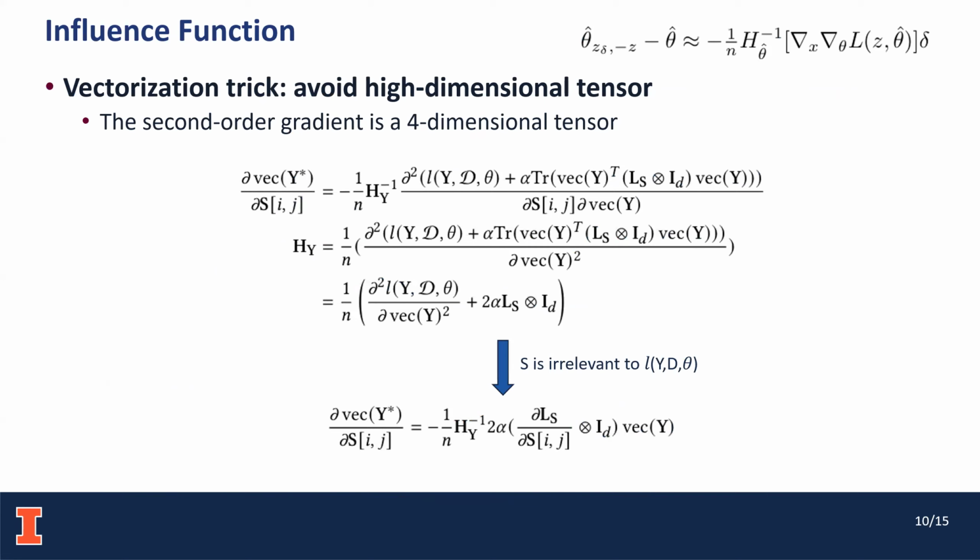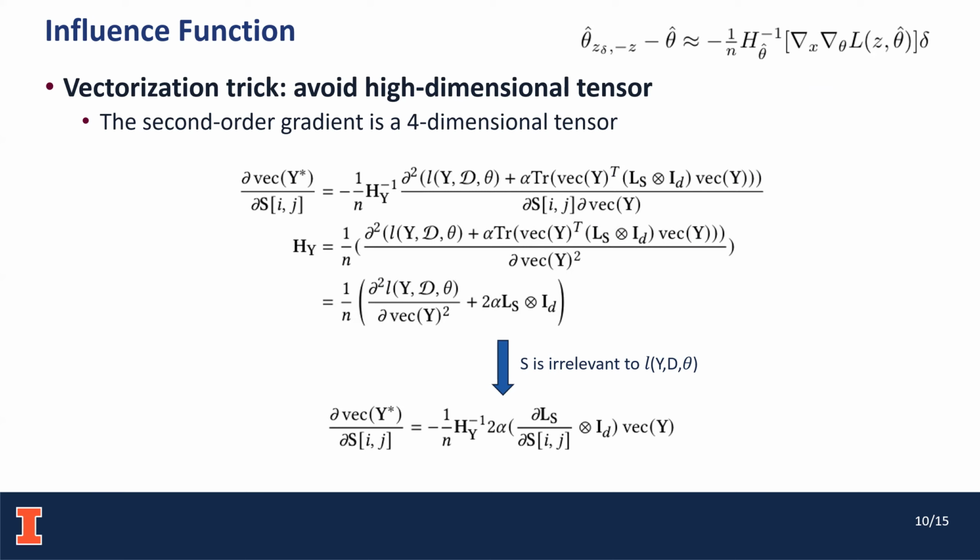Before we start deriving the gradients, we applied a vectorization trick to vectorize the output of y. In a machine learning algorithm, the output is going to be in the shape of n times d.